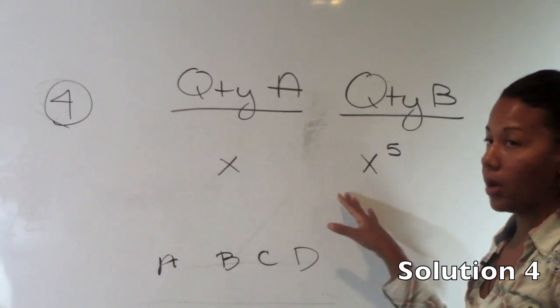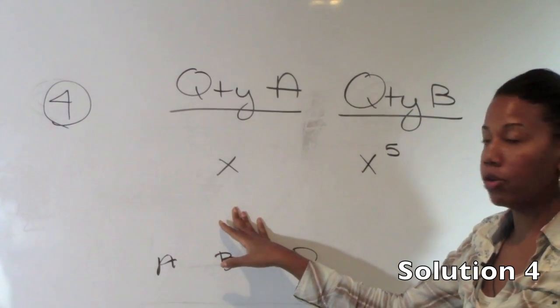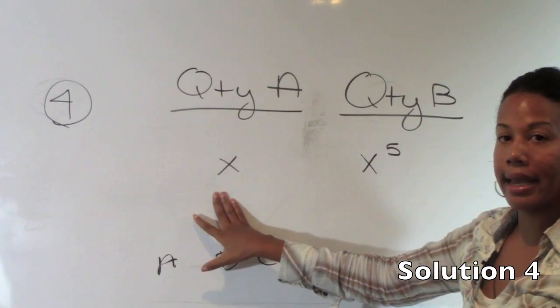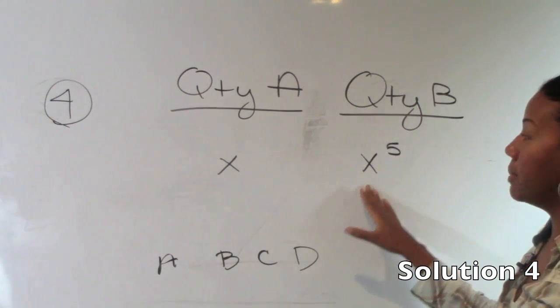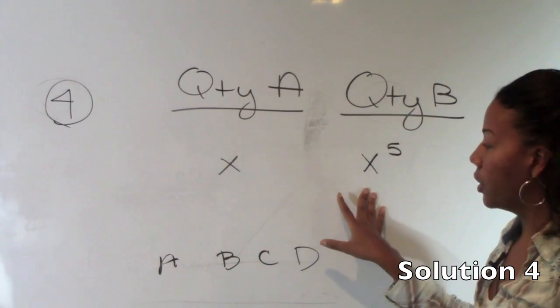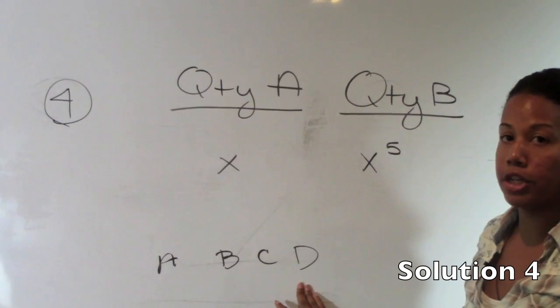So either you have no idea because you're unable to figure it out, or sometimes quantity A is bigger and sometimes quantity B is bigger depending on the scenario. So D is your cannot be determined answer.